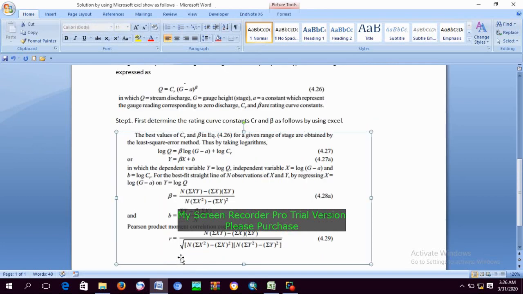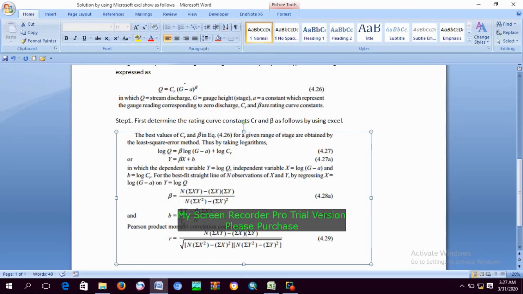So first determine β and B. The equations used to determine these two parameters: β is equal to n times the summation of XY minus the summation of X times the summation of Y, over n times the summation of X squared minus the square of the summation of X. By using this formula, we can determine the power of the rating curve, β.